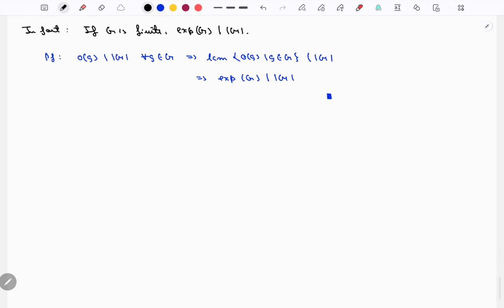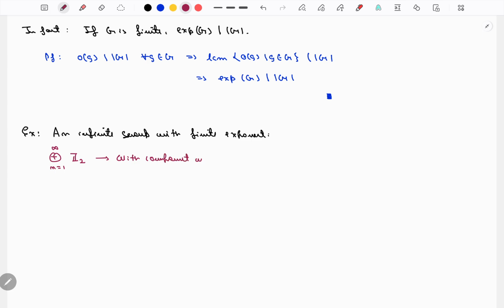Now there exist groups which are infinite but with finite exponents. For example, an infinite group with finite exponent. You can consider Z mod 2 and take an infinite direct sum of it, with component-wise operations, these are called direct products.